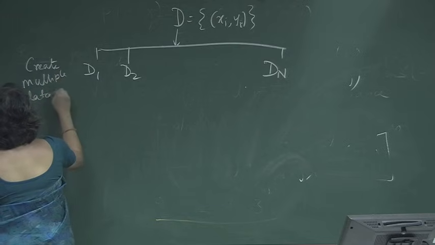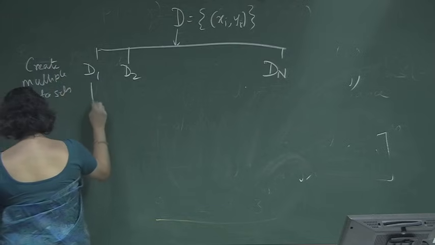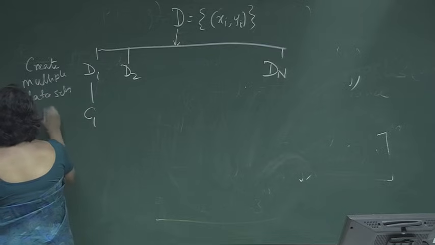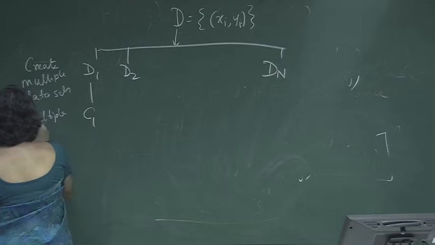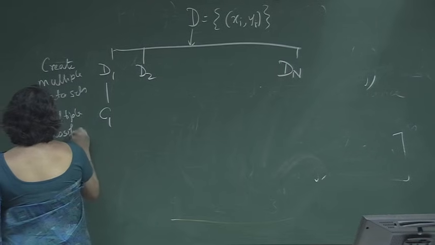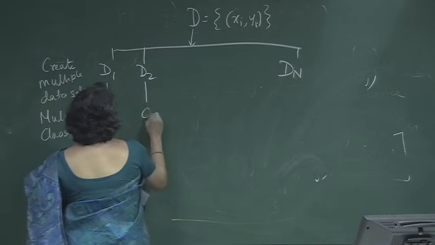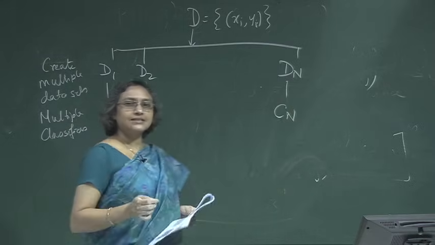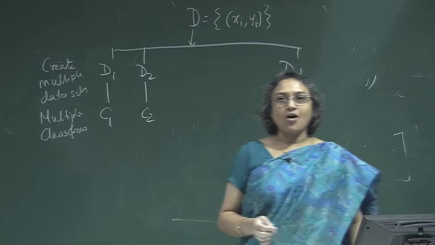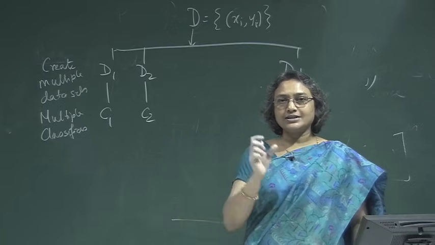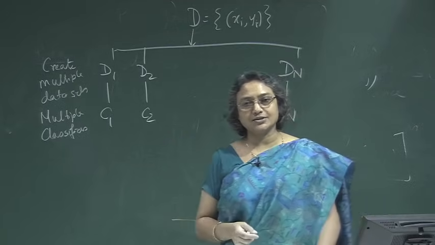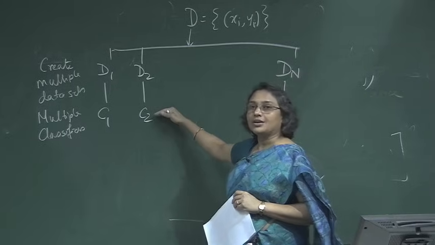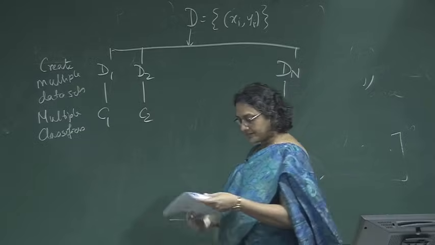Next, what you can do is, you can feed this to the different learners. So, multiple learners or multiple classifiers. You can feed this to C1, C2, Cn. Now, these classifiers can be the same classifier or can be different classifiers or same classifier with different parameterizations. So, you can make either the D is different or the C is different or both different.